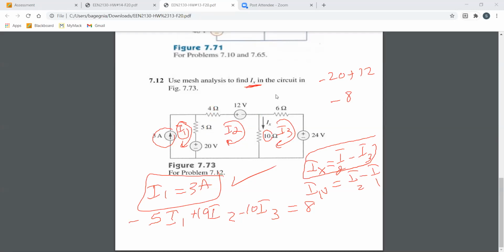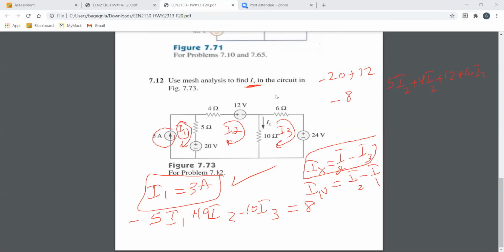then let me use my technique. My technique will be 5I2 plus 4I2 plus 12 plus 10I2. Now I'm just using I2 because this is my working loop. Can I work on loop number 2 now?